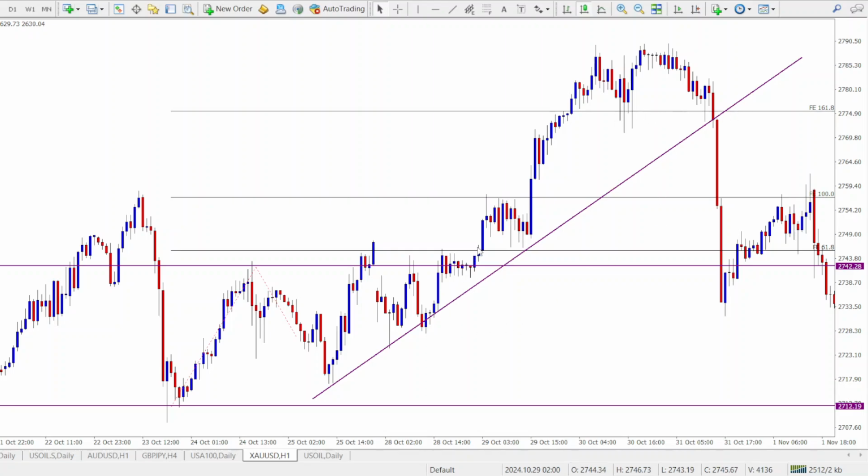Initially, it got to the 61.8%, and then it rallied further to the 100%, and then it rallied further to 161.8%.